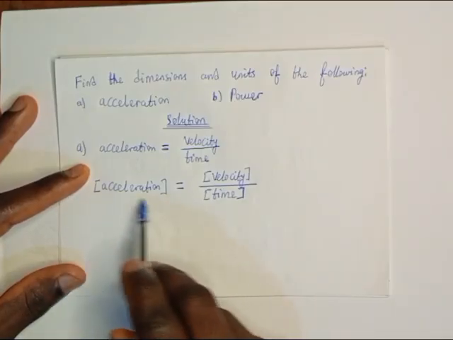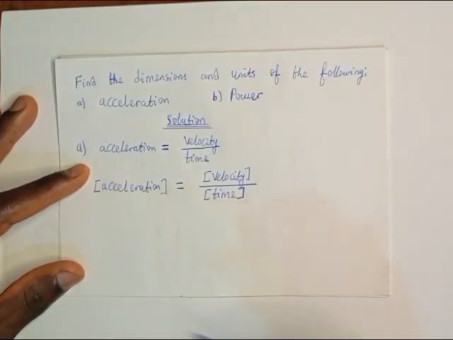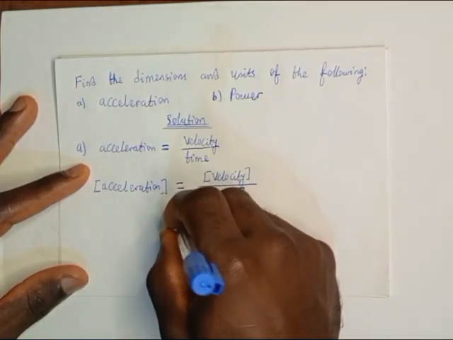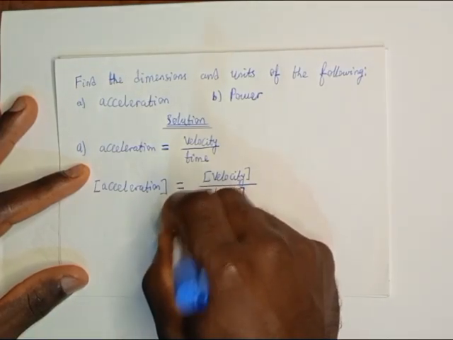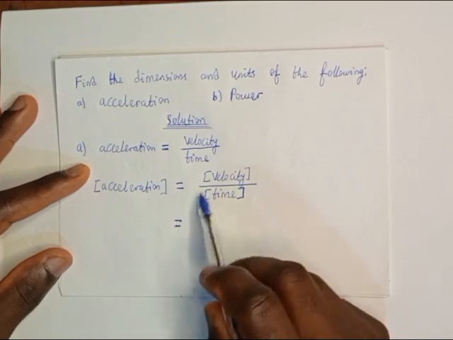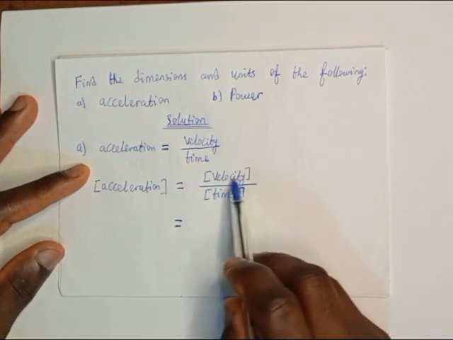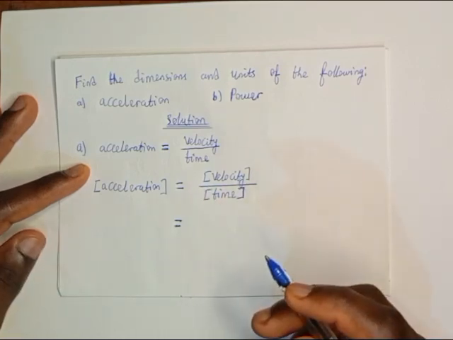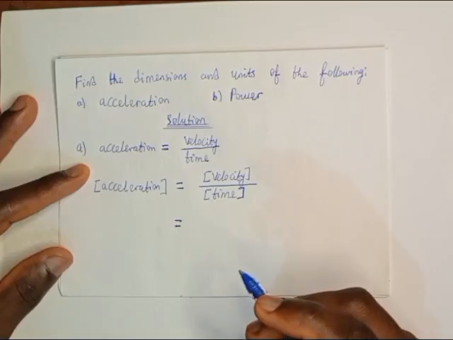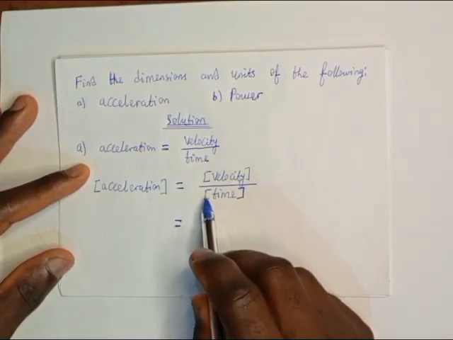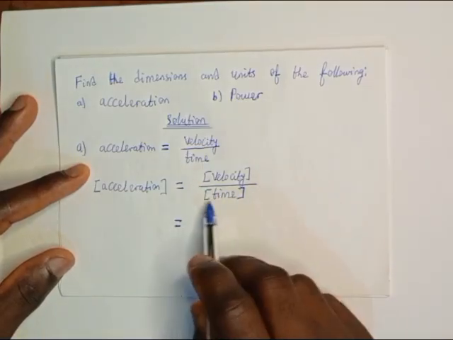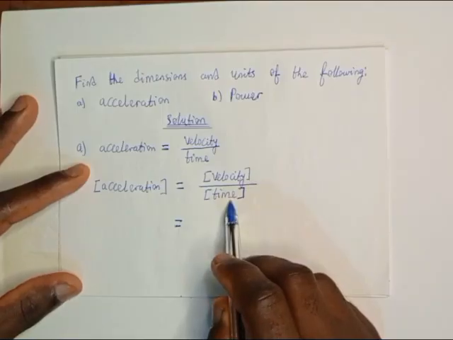Getting the dimensions of acceleration means we have to express acceleration in terms of the basic fundamental quantities. We need to get the dimensions of velocity first, then we divide by the dimension of time.